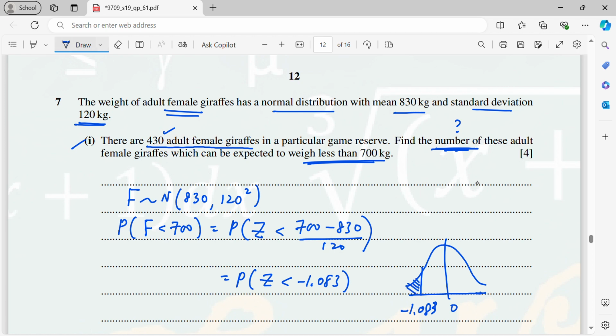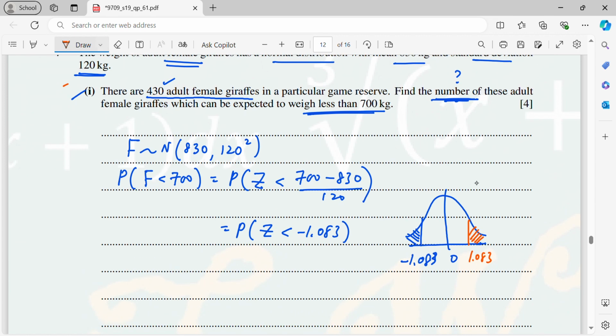So since this line is on the left side, which takes a negative value, I will reflect it to be positive. Otherwise, it is not available in the table. And then when you reflect the region, it will be the orange region. Okay, so now the blue region is the same as the orange region.